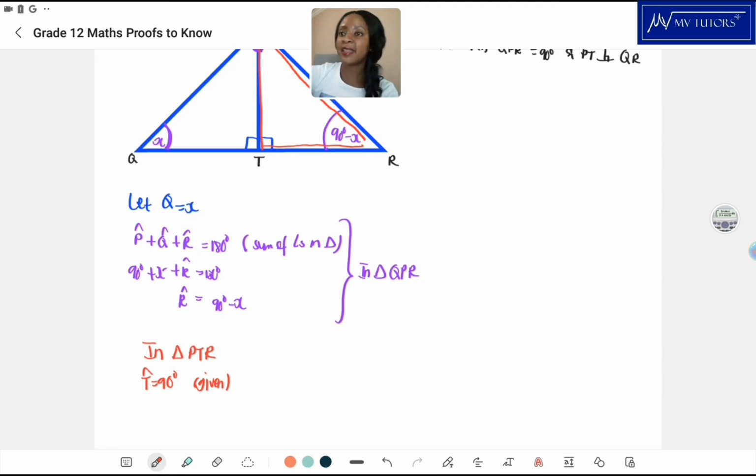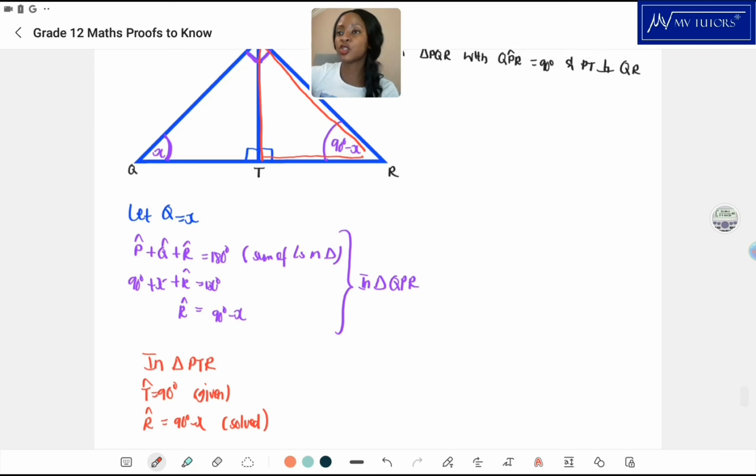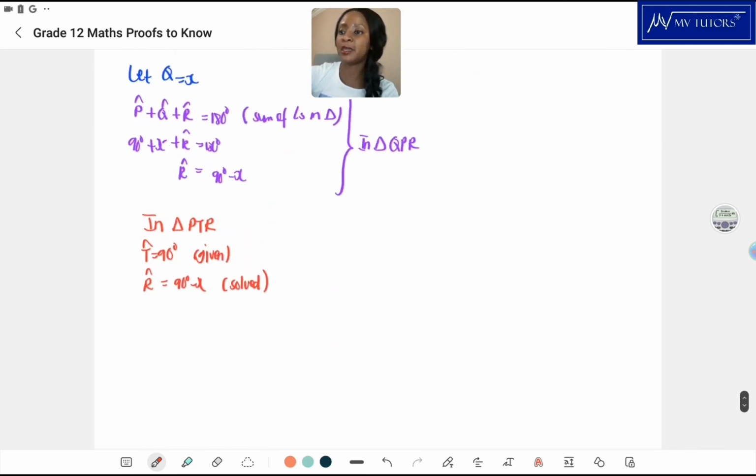And then we know that R is equal to 90 minus X. That was previously solved. So what would P be? Well, we just have to use the sum of angles in a triangle being 180.